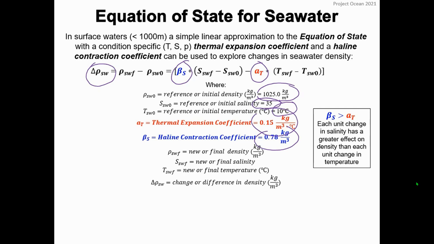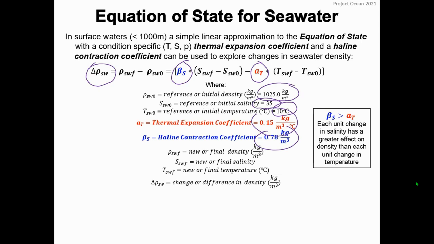Now, the reason I show you this is not to have you use this and do mathematical calculations, but comparing the coefficients tells us a lot about the effects of temperature and salinity on density. The haline contraction coefficient tells us that for every unit change in salinity, I get a 0.78 increase in density of seawater.